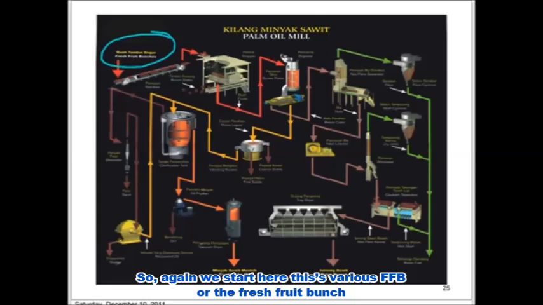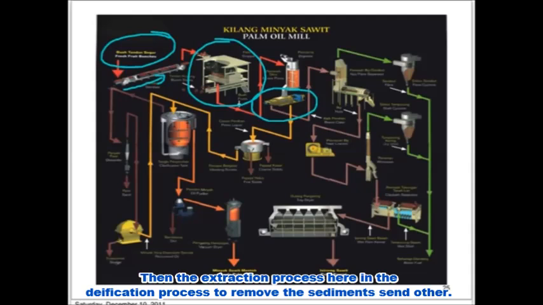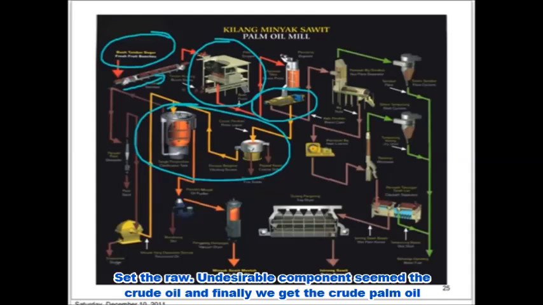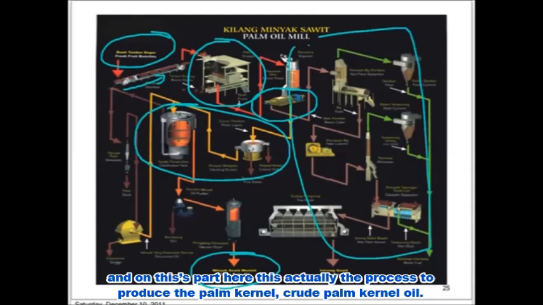This is where the FFB, or the fresh fruit bunch, will go in through the sterilizer, then the stripping process to remove the fruitlets from the fruit bunch, then the extraction process here, clarification process to remove the sediments and other undesirable components in the crude oil, and finally we get the crude palm oil. And on this part here, this is actually the process to produce the crude palm kernel oil.